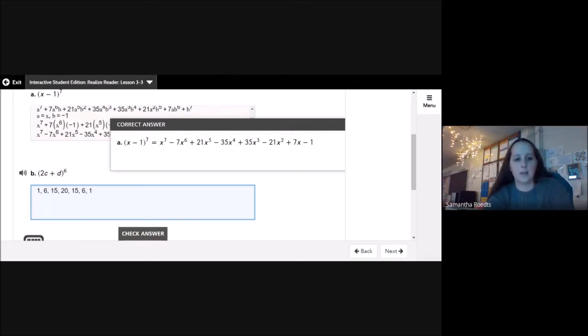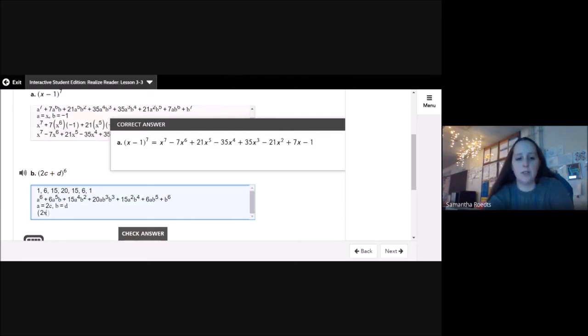Okay, so that's a to the 6th plus 6a to the 5th b plus 15a to the 4th b squared plus 20a cubed b cubed plus 15a squared b to the 4th plus 6ab to the 5th plus b to the 6th power. A equals 2c and b equals d.